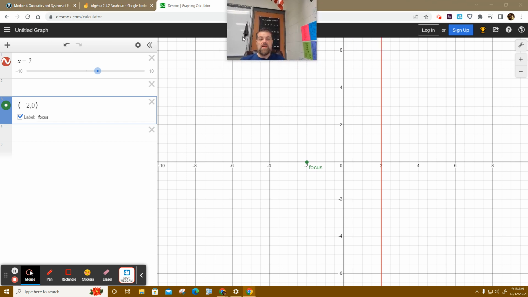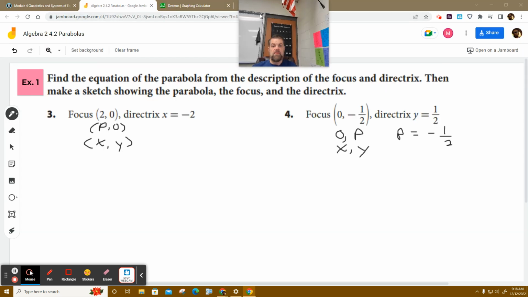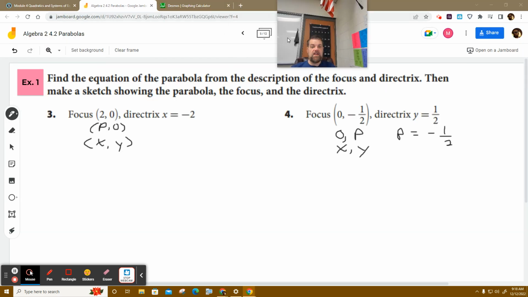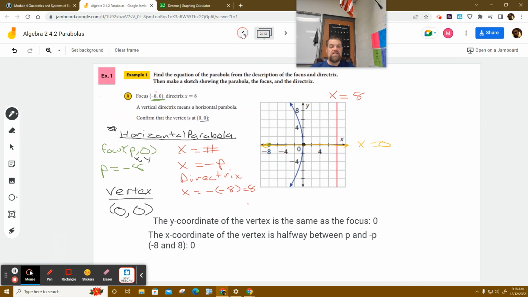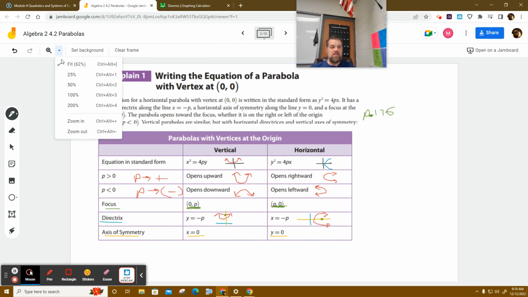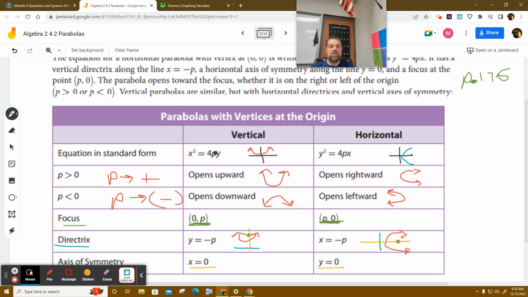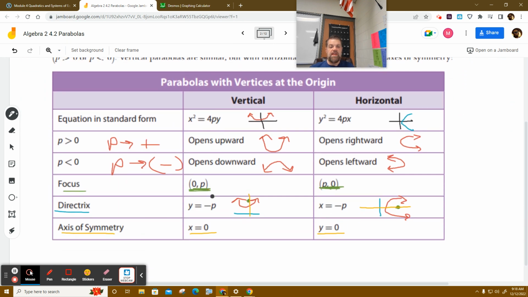Now, if you don't know that off the top of your head, what we need to do is just go back a couple slides. If I go back to this table, for every homework problem you're going to do, you're going to look at this. In this particular case, we're given a p-value of x. That tells us that it's horizontal.